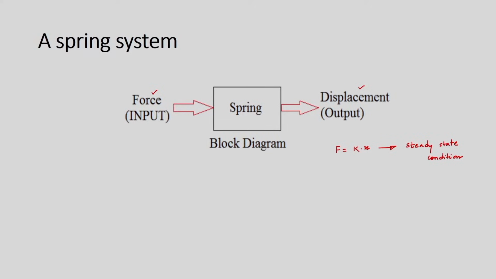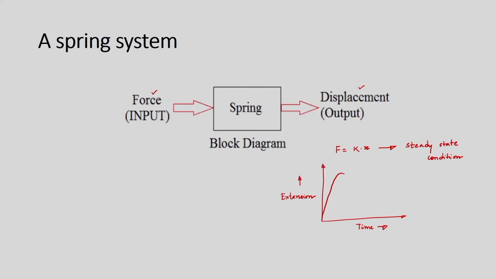However, in reality the spring will oscillate, it will vibrate about its equilibrium position, and it will achieve its equilibrium position after certain time. So, if we apply a force on the spring and try to observe its extension, we get the extension of the spring.